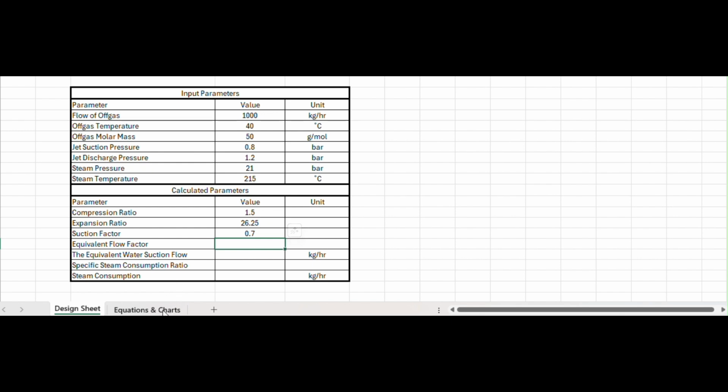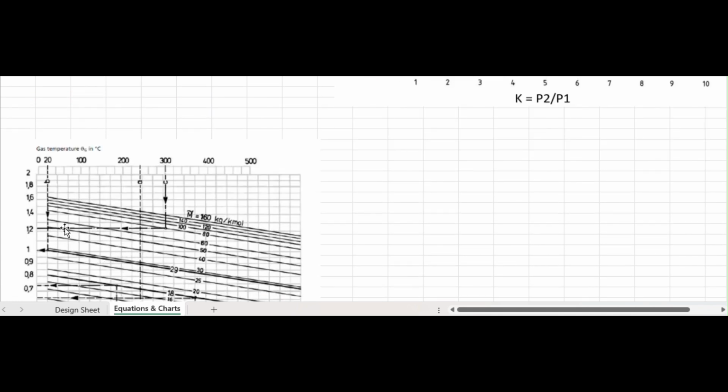Now, the equivalent flow factor, now you look into the off-gas temperature. In our case, off-gas temperature was 40, so it's this line here. And then you look into the molecular weight of your off-gas, which in our case is 50, right? So it's this line here, right?